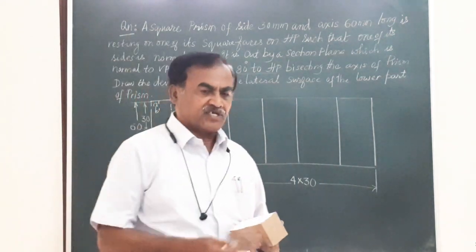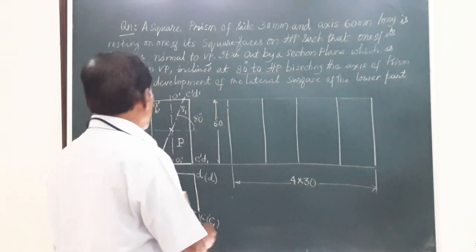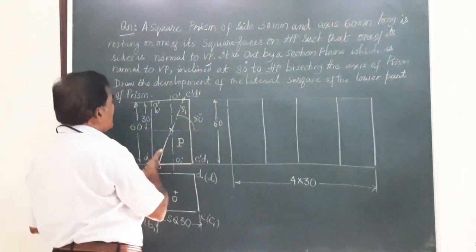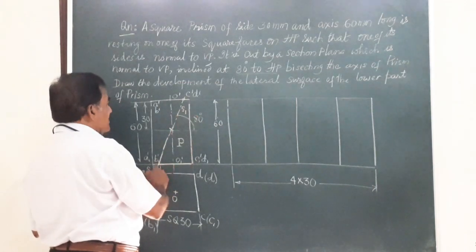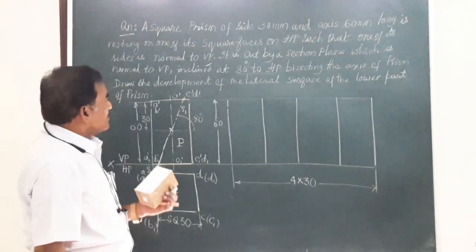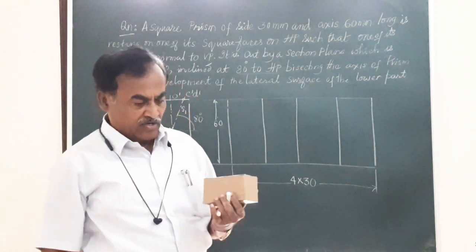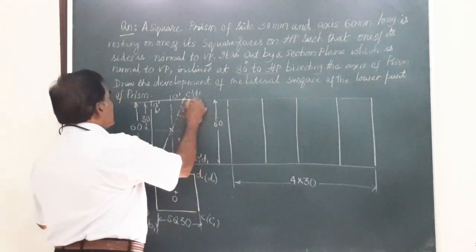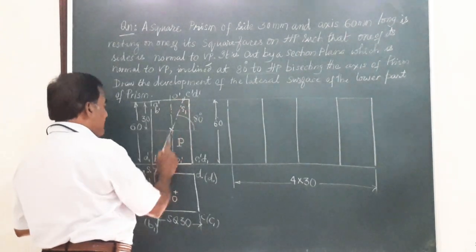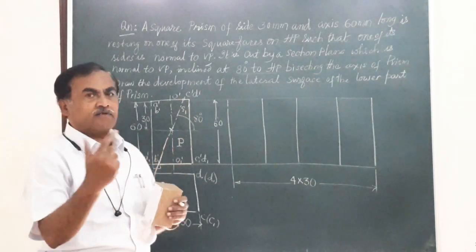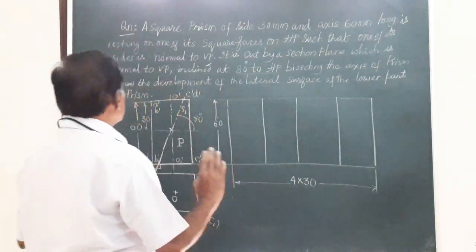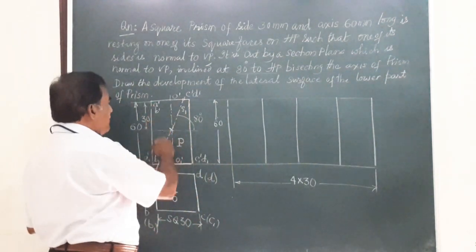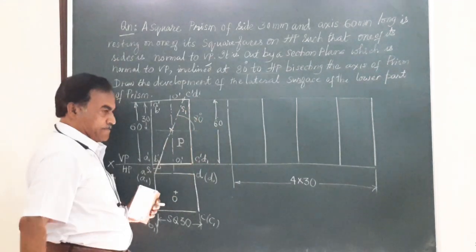Friends, in the previous sessions, we used to have the section plane either passing through or cutting the vertical edges, or passing through the extreme corners of the top and bottom face. But in this problem, we have this prism cut by a section plane which is cutting only the top and bottom square faces, and it is not cutting any of the vertical edges AA or BB or CC or DD.